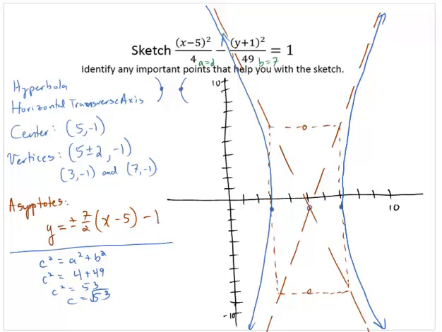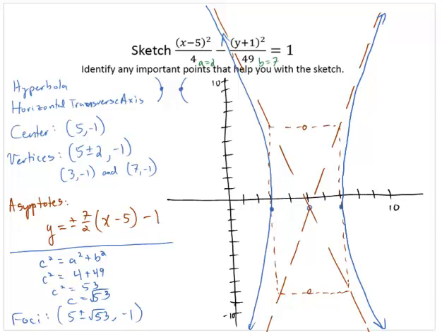And so from the center, we would have to go a little bit more than 7 to the left or to the right. So then our foci are defined as 5 plus or minus the square root of 53, comma negative 1.